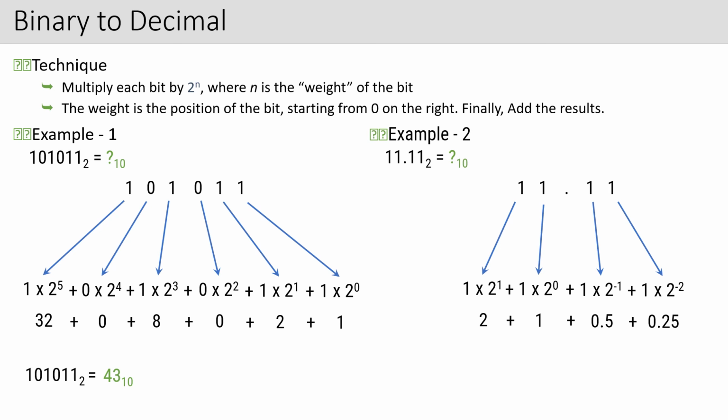Keep in mind: on the left side it is 1 into 2 to the power 1 plus 1 into 2 to the power 0. On the right side, after the point, the fractional part, you multiply by the negative power, and start from 1 itself. Now add them separately: 2 plus 1 plus 0.5 plus 0.25. So what you are getting is 3.75 to the base 10.